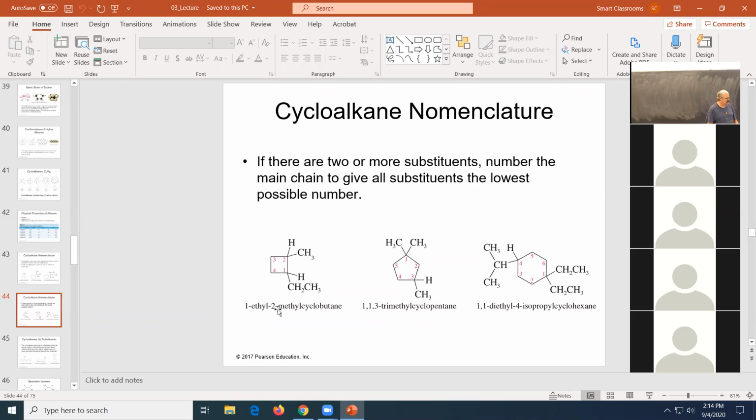Since ethyl is first in the alphabet, in this case, it's also assigned position number 1. So it's 1-ethyl, 2-methyl cyclobutane. Okay, this one is 1,1,3-trimethyl cyclopentane. Not 1,3,3. We're going to use the lowest combination of numbers.